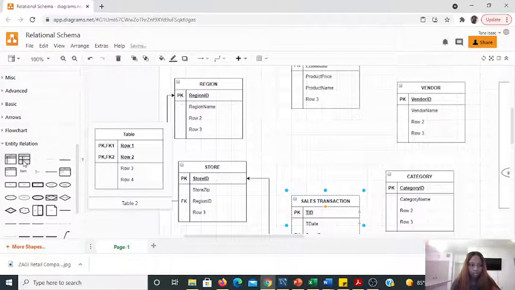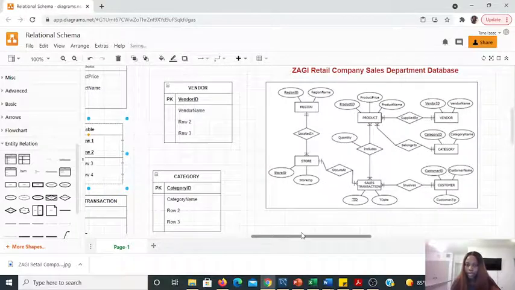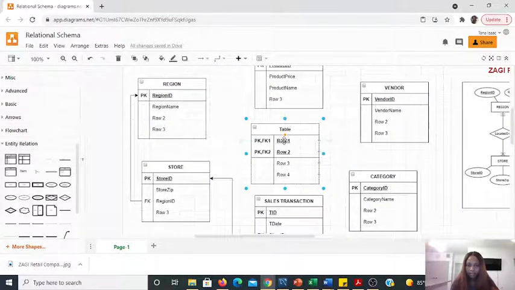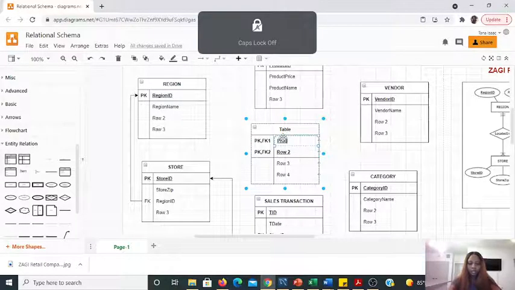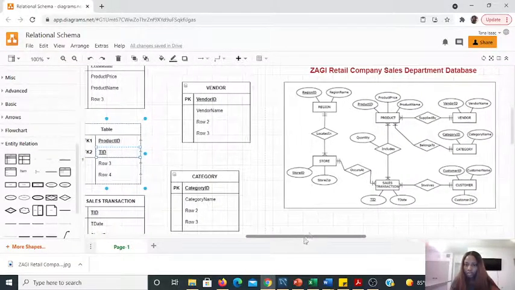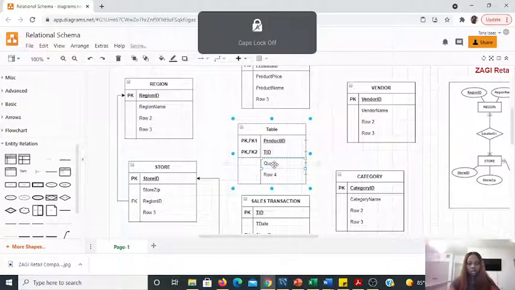So we have product ID and transaction ID. They are both primary key and foreign key. And the relationship also has an attribute, so the attribute will also be in this table, which is quantity.